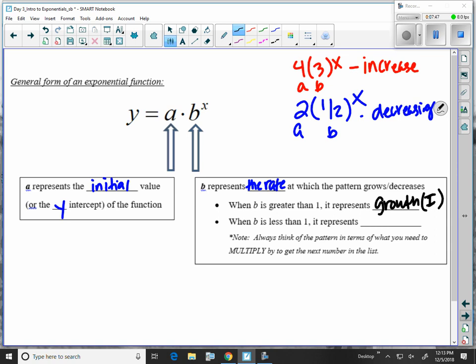When b is between 0 and 1, or less than 1, so 1/2. What's the decimal for 1/2? Yeah, so it's less than 1. That means that it's decreasing, and we can also call that decay. If something's decaying, it's getting smaller and smaller, it's going away. So decrease, decay, same thing.